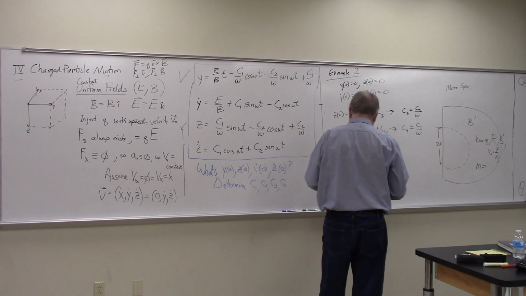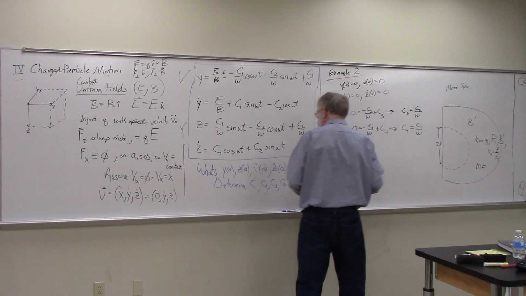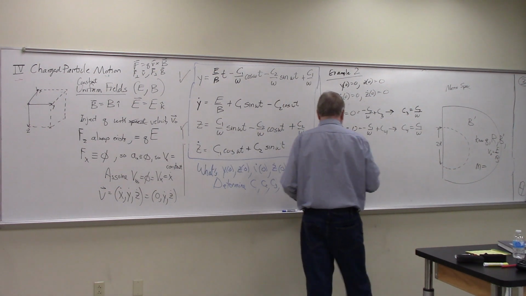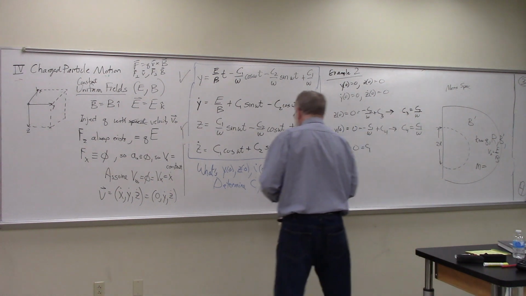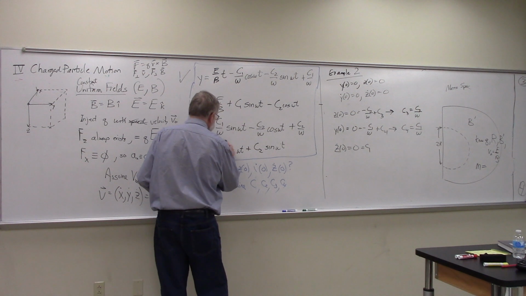Now let's say z dot of 0 is equal to 0. Well, z dot of 0 is just c1. So c1 is 0, so let's get rid of everything that says c1.